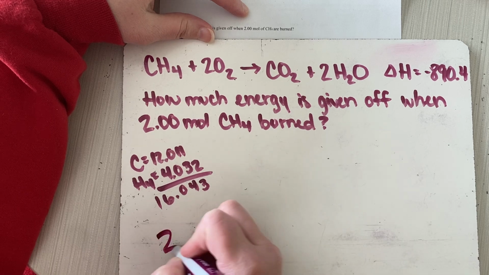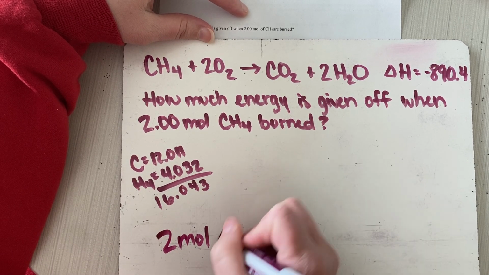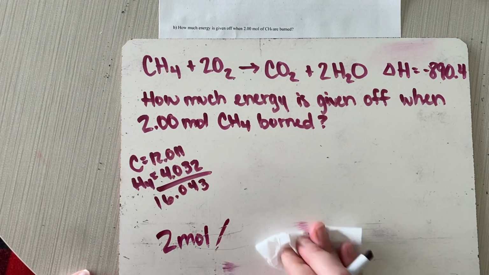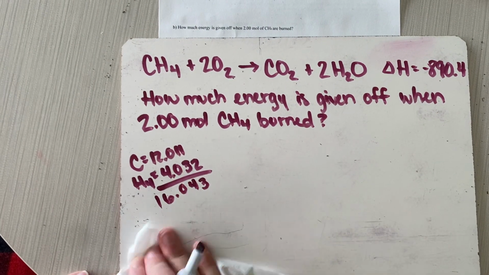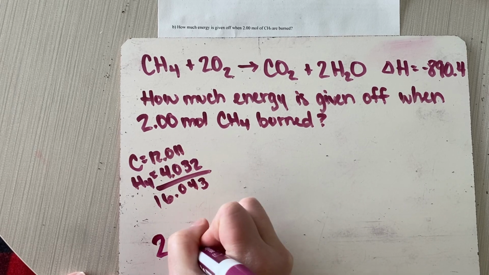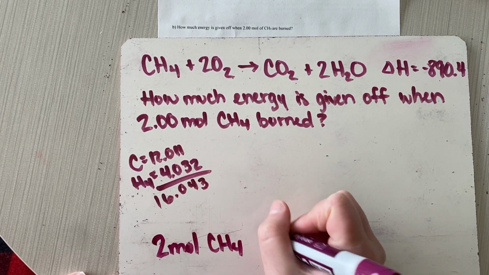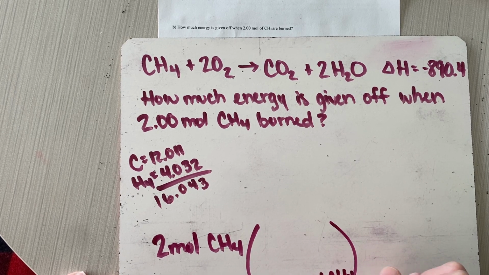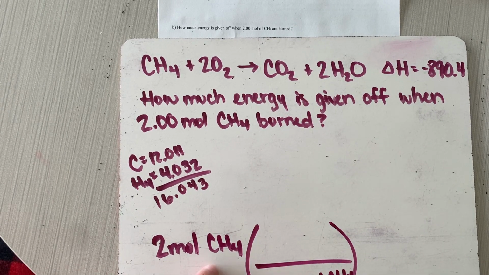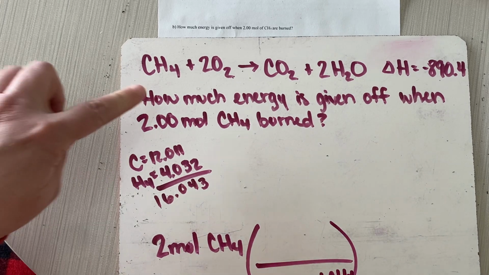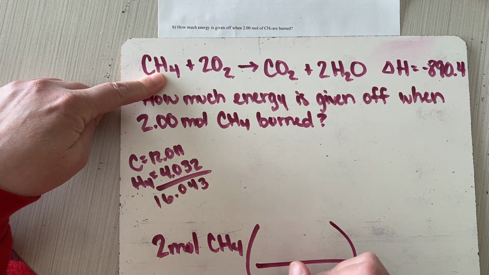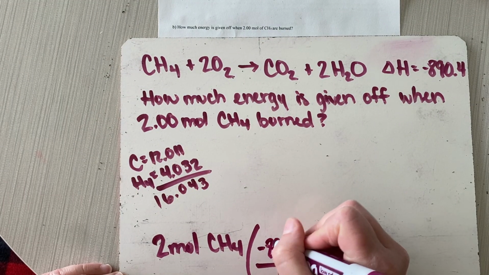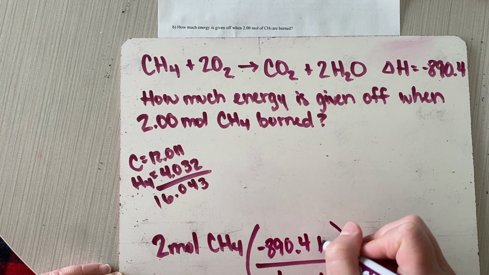So we're starting with 2 moles CH4. We know we need to cancel moles of CH4. Okay. We need to figure out how much energy that is. So if we look at the equation, we know 1 mole of CH4 is going to give us a negative 890.4 kilojoules.